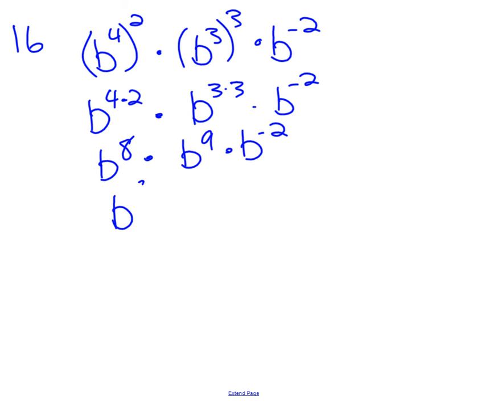So now we have b to the 8 plus 9 minus 2 power. What's 8 plus 9 minus 2? 15.